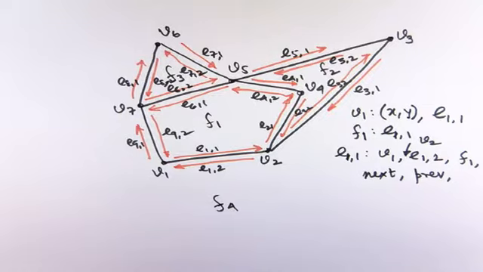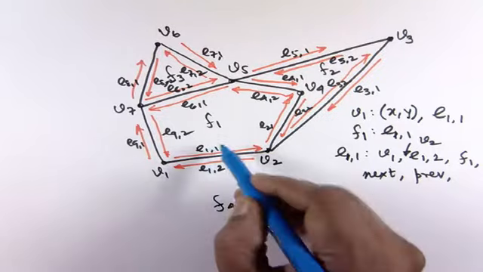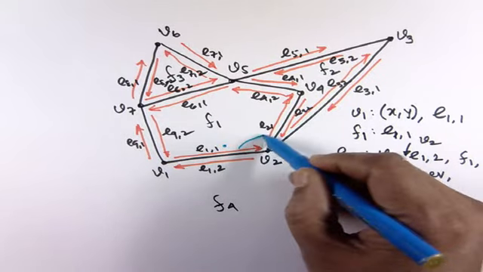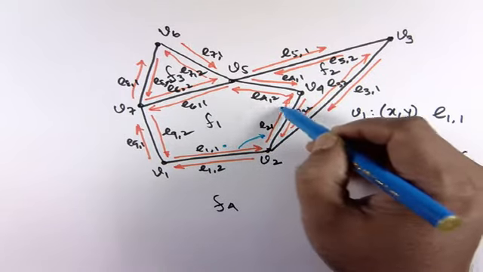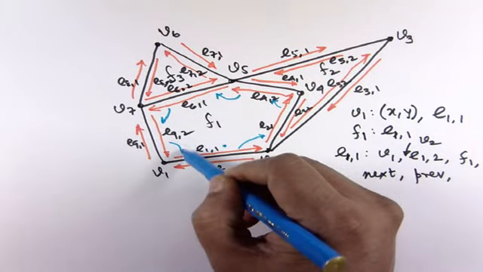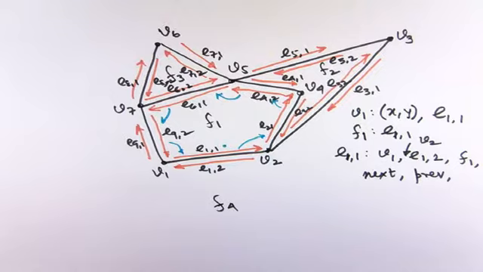If you start with F1, F1 has an edge, this edge E11. The next of that is E21, next of that, next of that, next of that. You will eventually come back to this edge when your counterclockwise traversal is over.